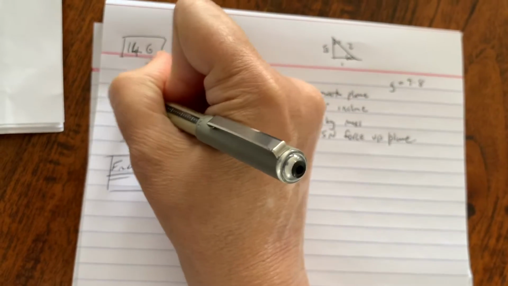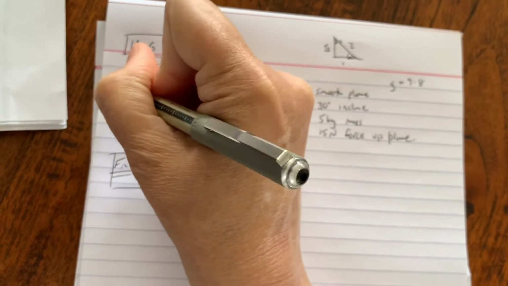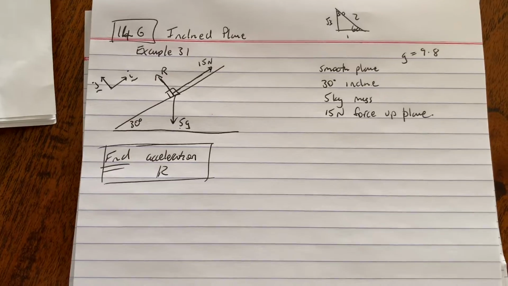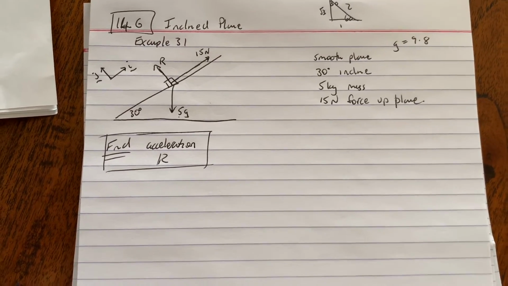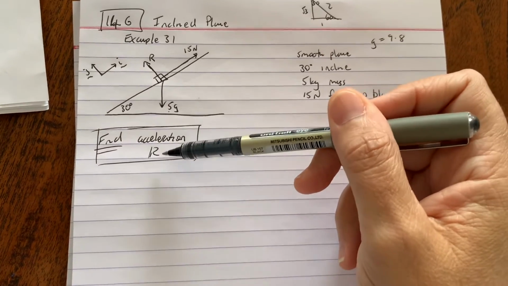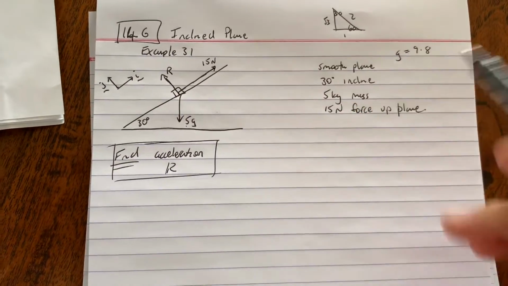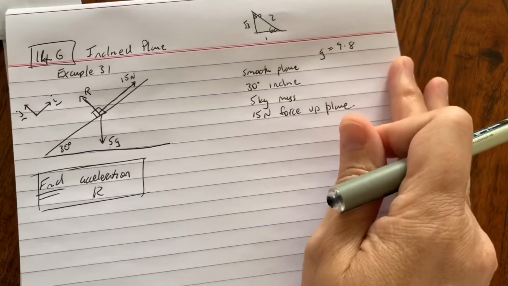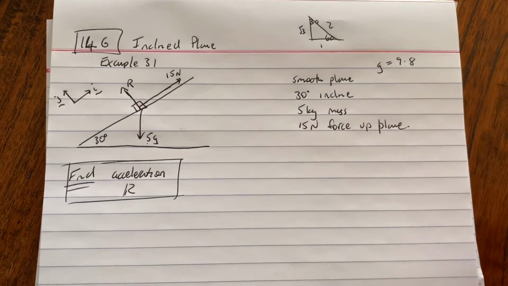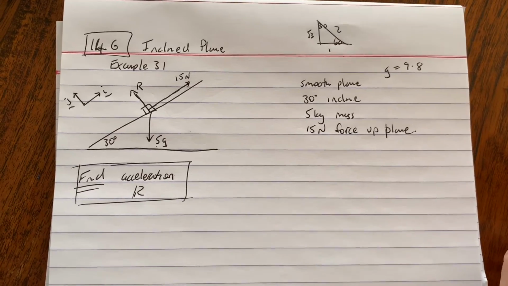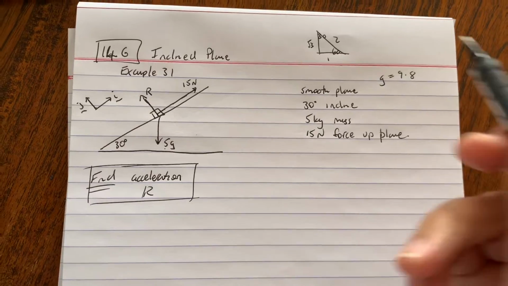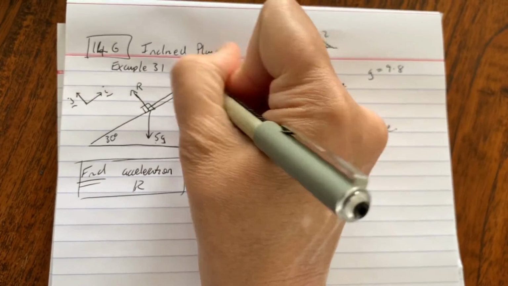Now I'm going to set up that my I direction is parallel to the plane and my J direction is perpendicular to the plane. We are asked to find two things, the acceleration and that reactive force. So we're going to look at our forces in both the I direction and the J direction. Let's look at our three forces to start with.